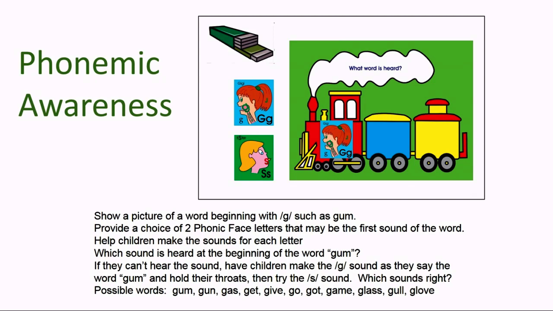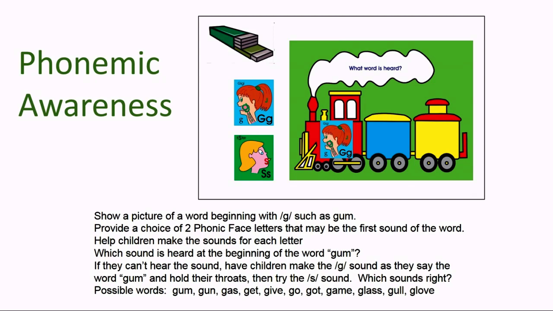Do you hear the S sound or do you hear the G sound? And then if they choose the S, you say, okay, let's put it at the front of the train. Uh-oh, now it tells my mouth to say sun, sun. But that's not what we have up here. We have gum, gum. So listen again, g, g, g.